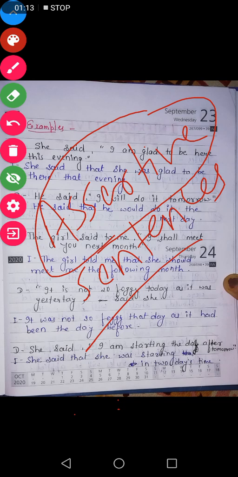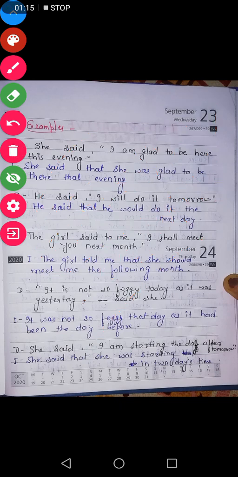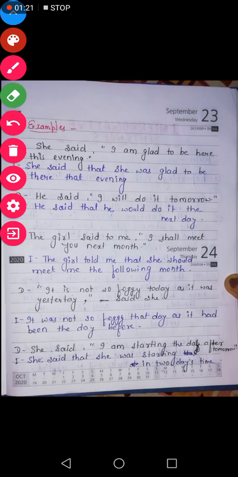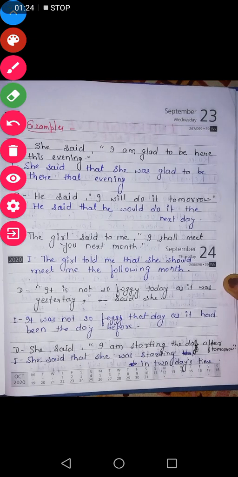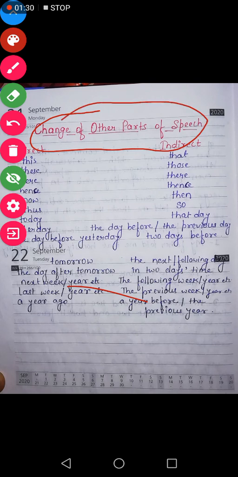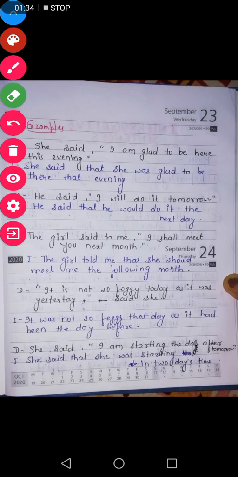In this video we will start how the interrogative sentences are changed into indirect. But before that, let me discuss one more example of change of other parts of speech. This has already been discussed in the previous video, but let me discuss one more example so that you never get confused with this kind of sentences.